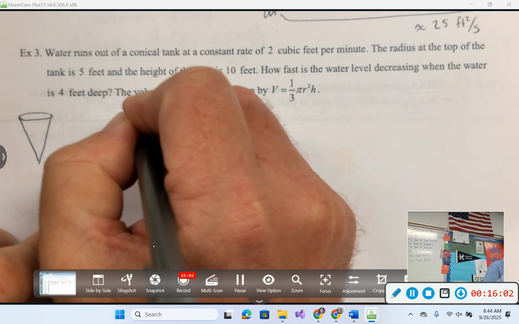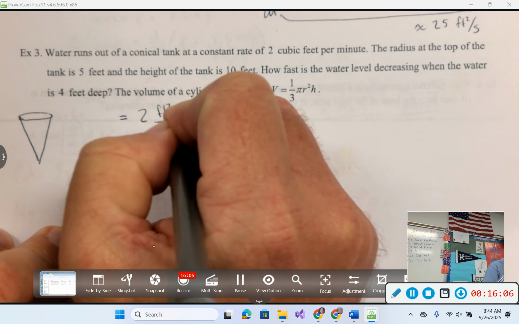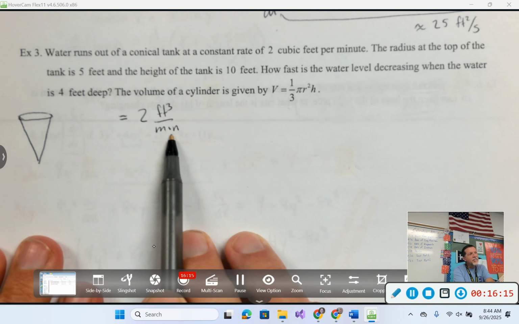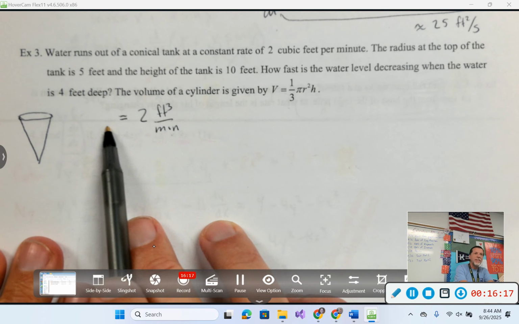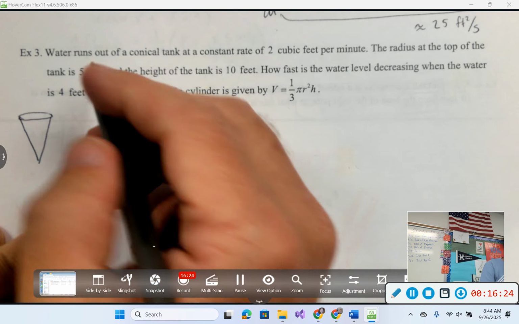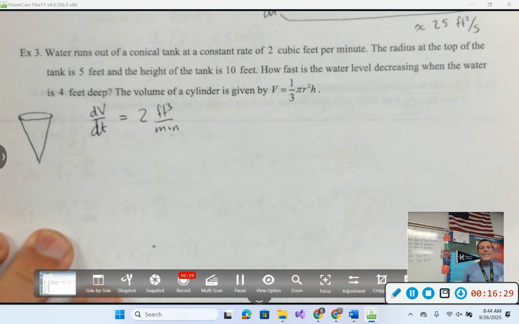What's 2 cubic feet per minute? Feet cubed per minute. Do we know what that is in terms of variables or derivatives? Here's where we could kind of go backwards. If you know the units, you can figure out the derivative. Feet cubed is a unit of volume, and minute is a unit of time. So they just told me that dV dt is 2 feet cubed per minute.